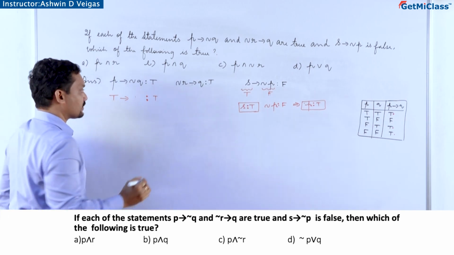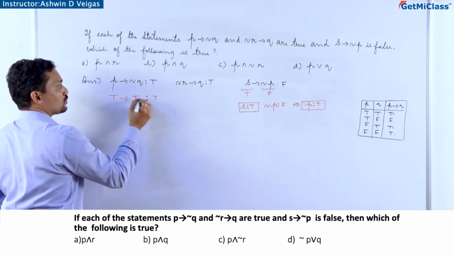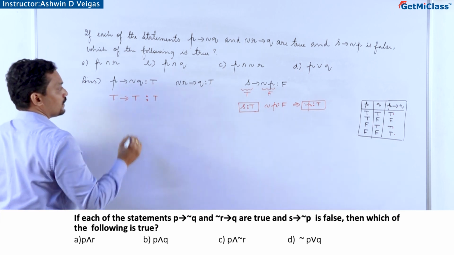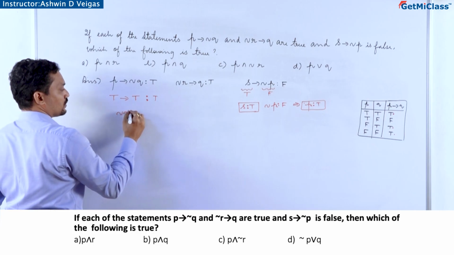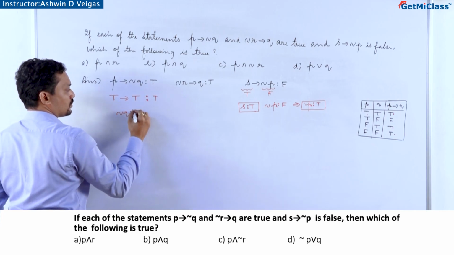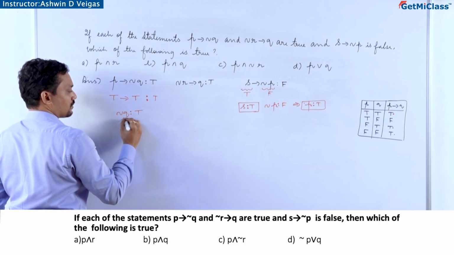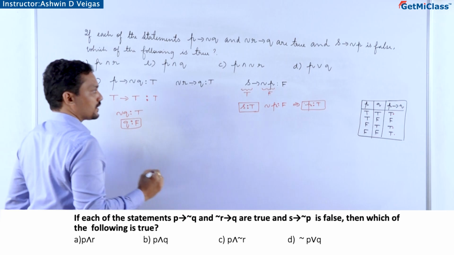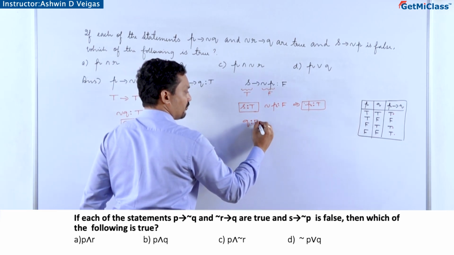Therefore, there is only one case, that is, this should be true, because true then true is true. Yes. Now, if you compare from here, you will get ¬Q is true. So, you will get Q as false. So, the value of Q will be false.